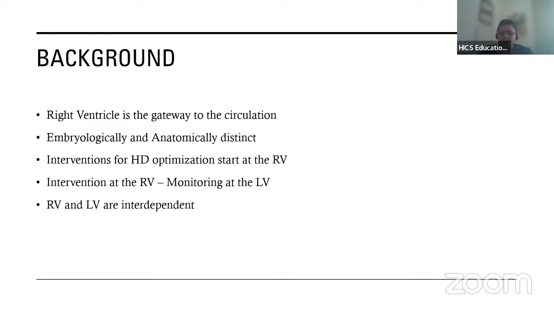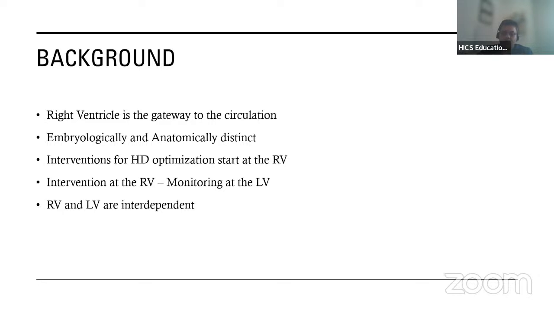And you will then look at the consequences of this loading by measuring something that is happening at the left side of the heart, whether it is mean arterial pressure, stroke volume, cardiac output, or ultimately the systolic blood pressure. So, understanding the right ventricle is very key to understanding the entire gamut of metabolic optimization or homeostasis in a critically ill patient.